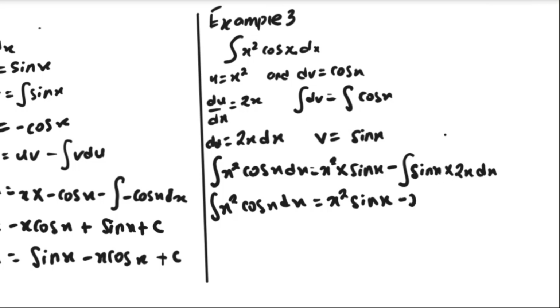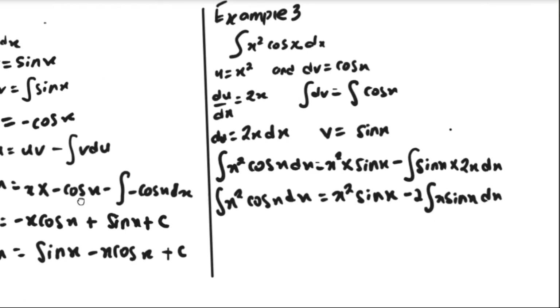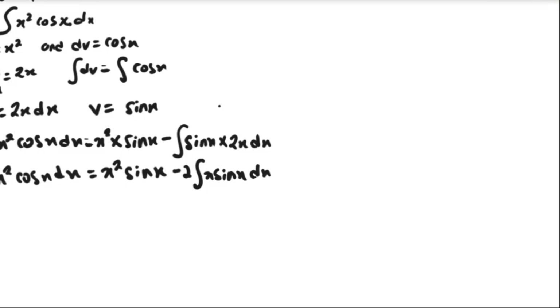So we can say minus 2 integral x sine x dx. Okay, so now for x sine x, we still have to use a mini integration by parts to solve this second part.